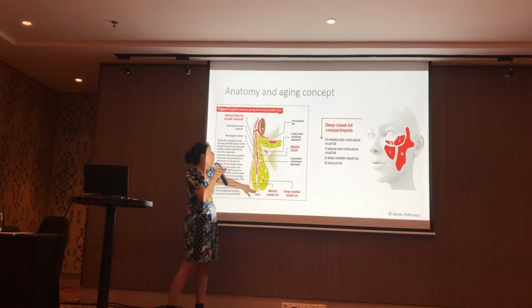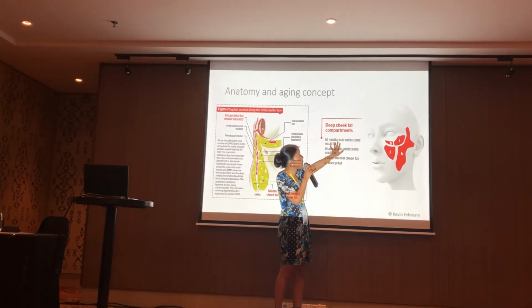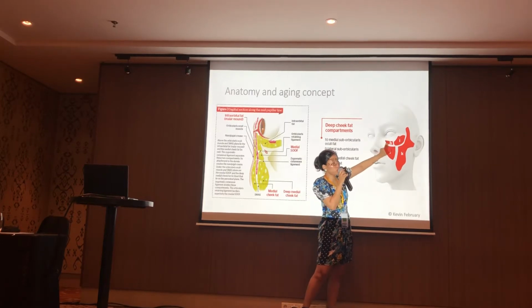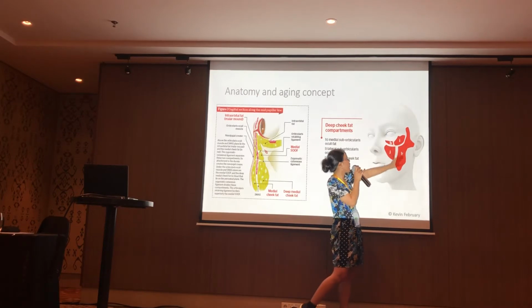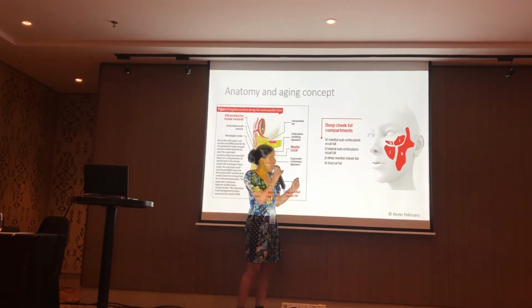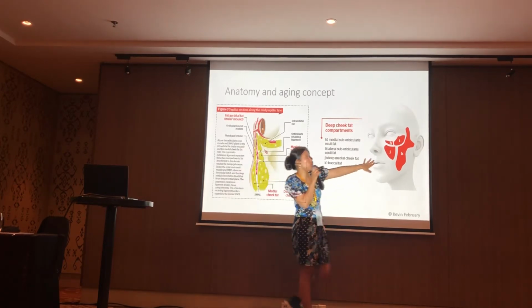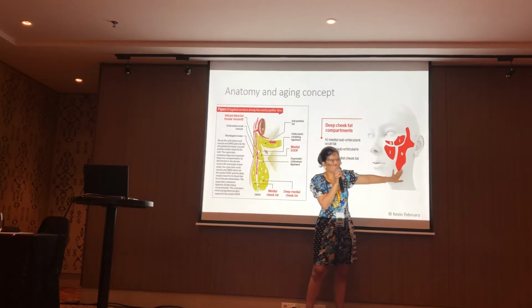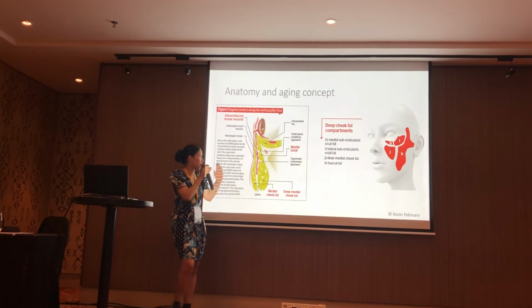It has been divided by the structure called SMAS. SMAS, another important structure. For the deep fat compartment, we have the middle tube here, and the lateral tube here. And we have the deep medial sheath fat and the back of fat. You see, deep medial sheath fat and back of fat. Okay? This is what we call the deep fat compartment.